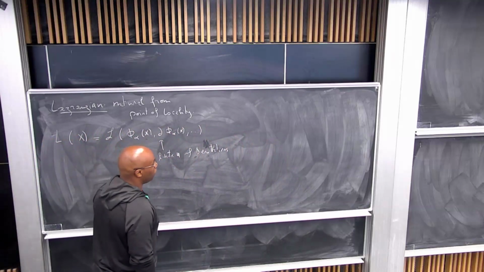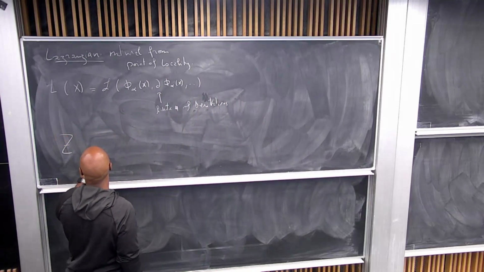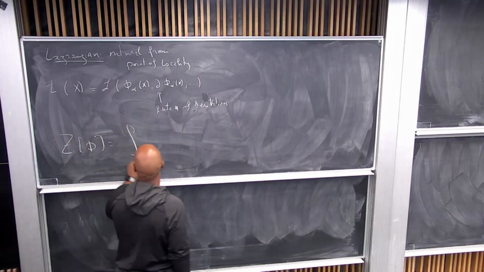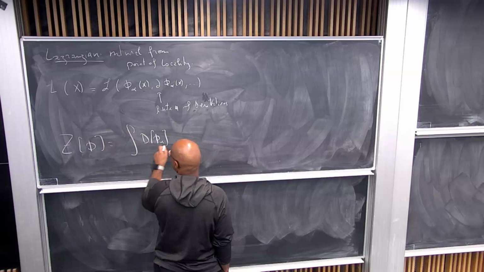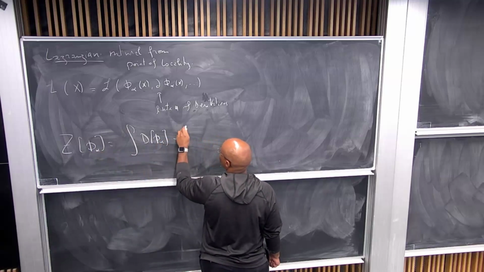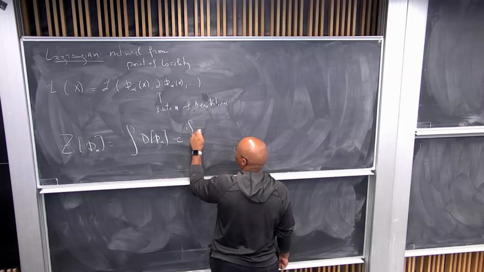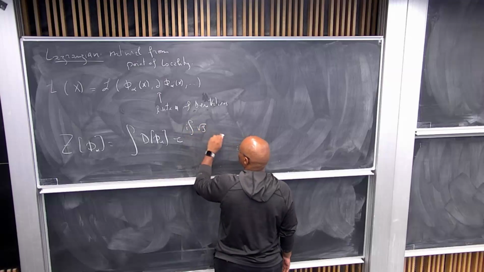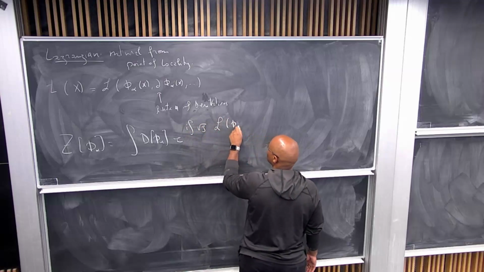And in a quantum field theory, a Lagrangian allows us to define a partition function, which is a functional of these fields, which is an integral, a formal expression, so it's important to say that, with an exponential of i, h bar is 1, someone's going to yell at me for that here, times root g, if we have the space-time, times the Lagrangian as a function of these fields.